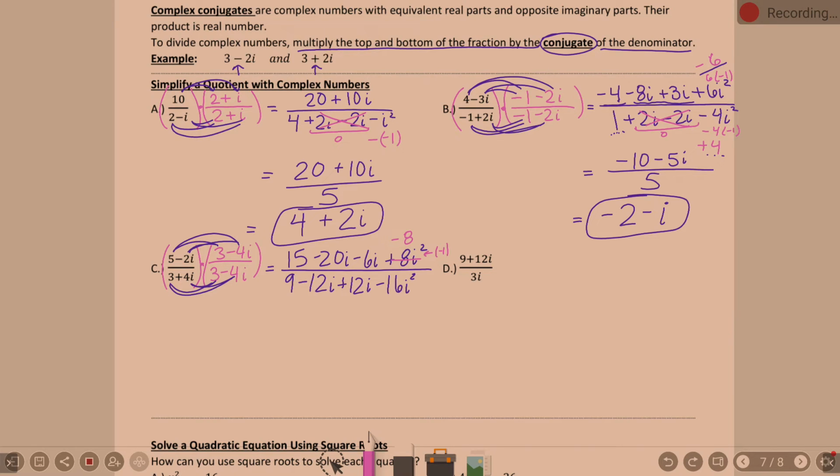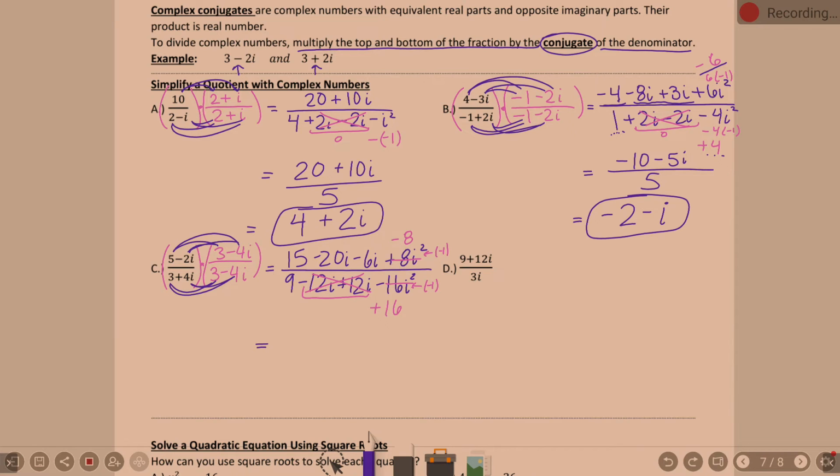What's that going to be? Plus 16, because again, that i squared is negative 1. And in the denominator, do my middles cancel as they're supposed to? Yeah. If you multiply by the conjugate and you get to the end and your middle doesn't cancel in the denominator, you've made a mistake somewhere. Okay? So that's something to always look for. Negative 12i plus 12i cancels.